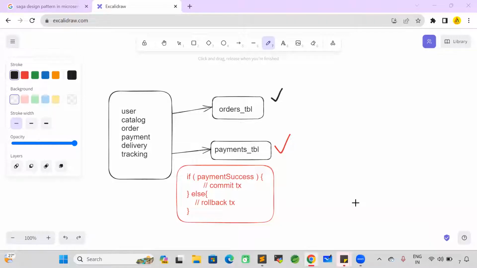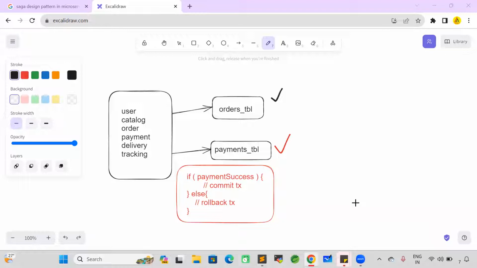When you go for microservices architecture, every microservice has its own database and its own data. Order placing will be taken care of by one microservice in one database. Payment processing will be taken care of by another microservice in another database.